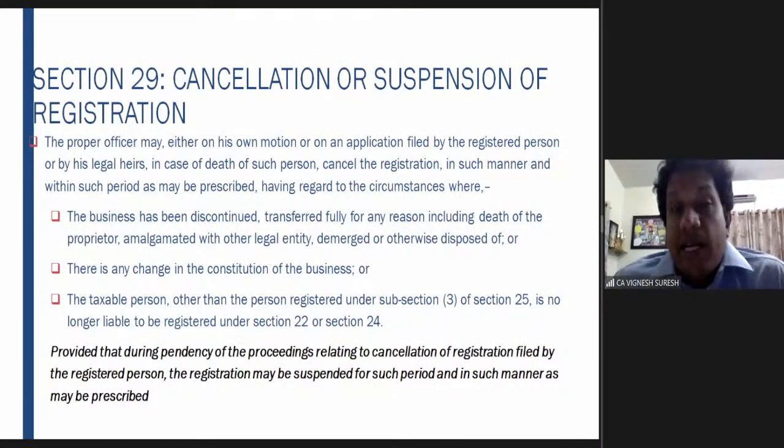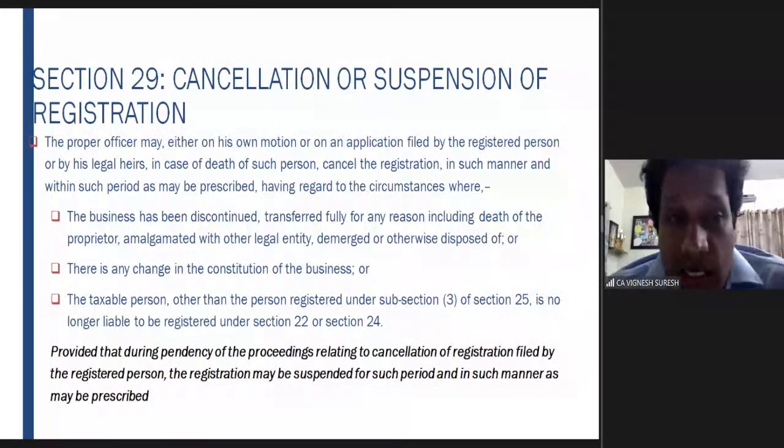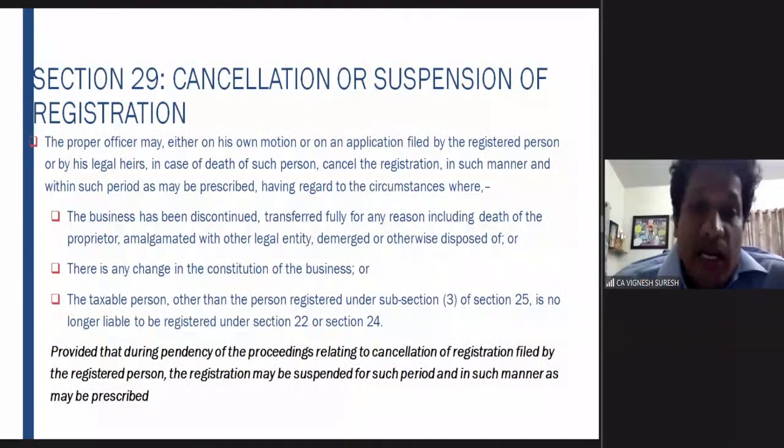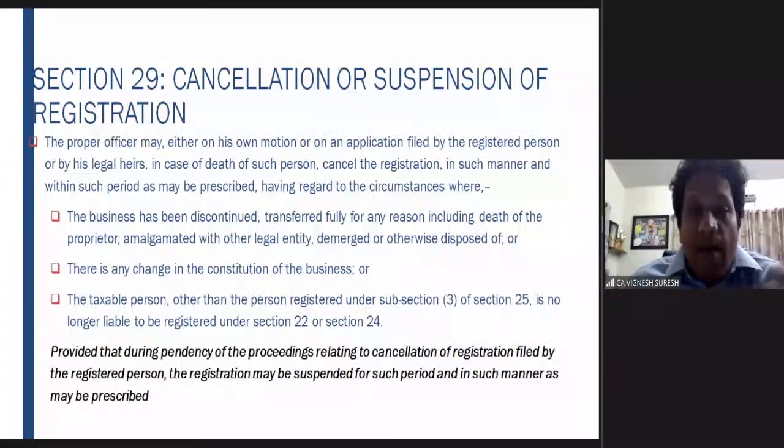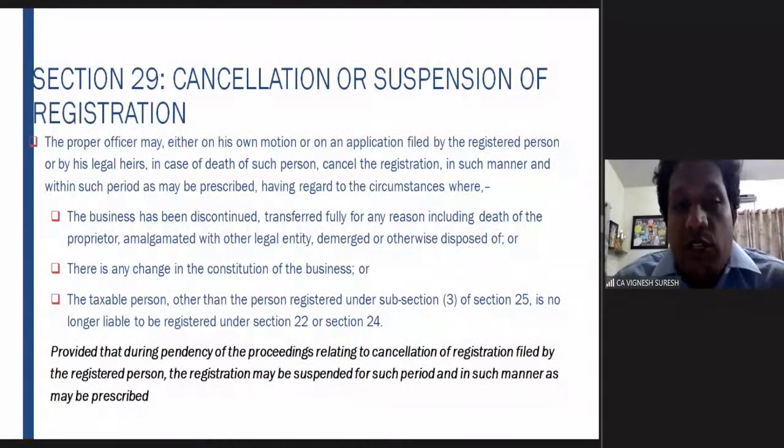What are the circumstances due to which the registration is cancelled? The business has been discontinued. The business has been transferred fully for some reason, including death, amalgamated with another legal entity, demerged or otherwise disposed of. These are the cases where the registration can be cancelled.